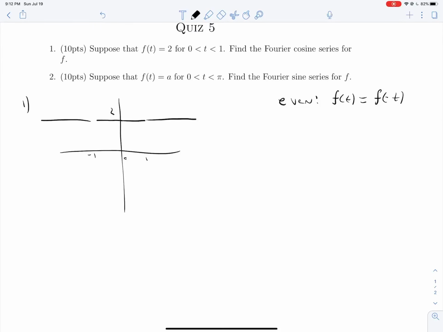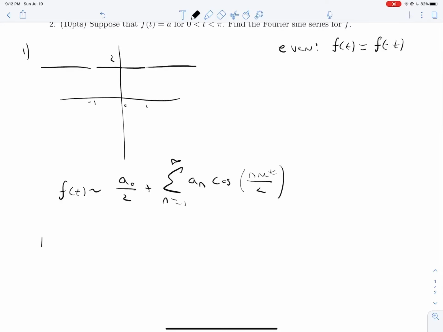Now, if we're trying to find a cosine series, our series will be of the form: f of t can be approximated by a0 over 2 plus the sum from n equals 1 to infinity of an cosine of n pi t over L. And remember that an, our coefficients here, are represented by 2 over L, integral from 0 to L of f of t cosine of n pi t over L dt.